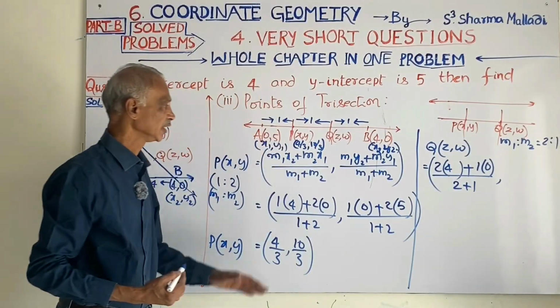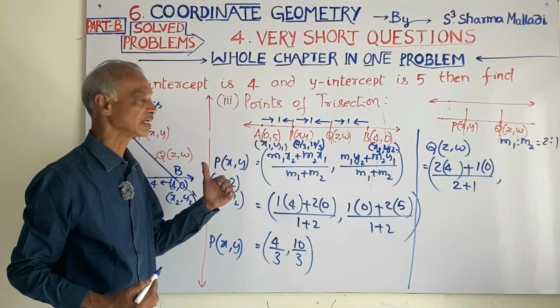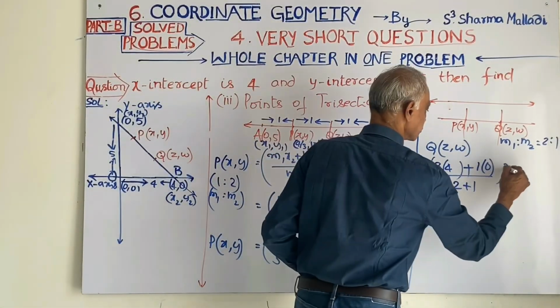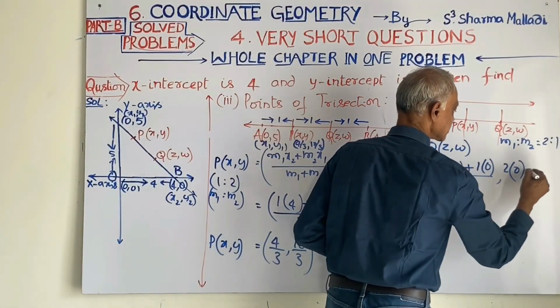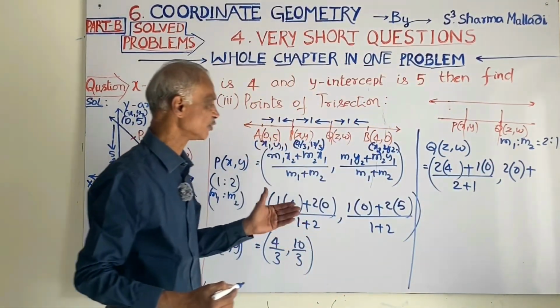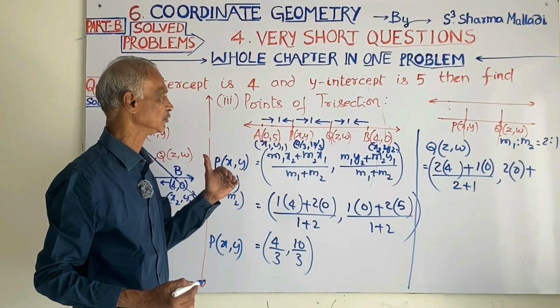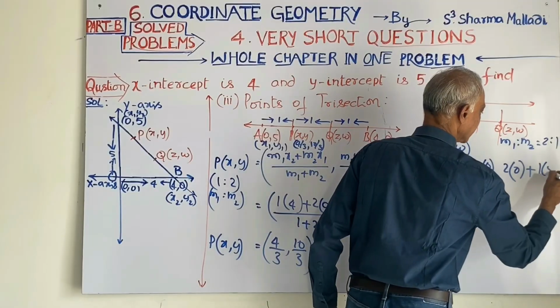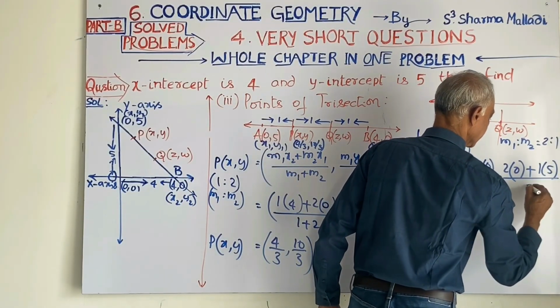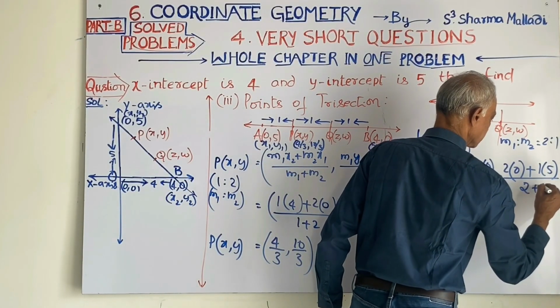Next, y coordinate will be m1 y2, m1 means 2, y2 will be 0, plus m2 y1. What is m2? 1 into y1, which is 5, so 1 into 5 by 1 plus 2 or 2 plus 1.